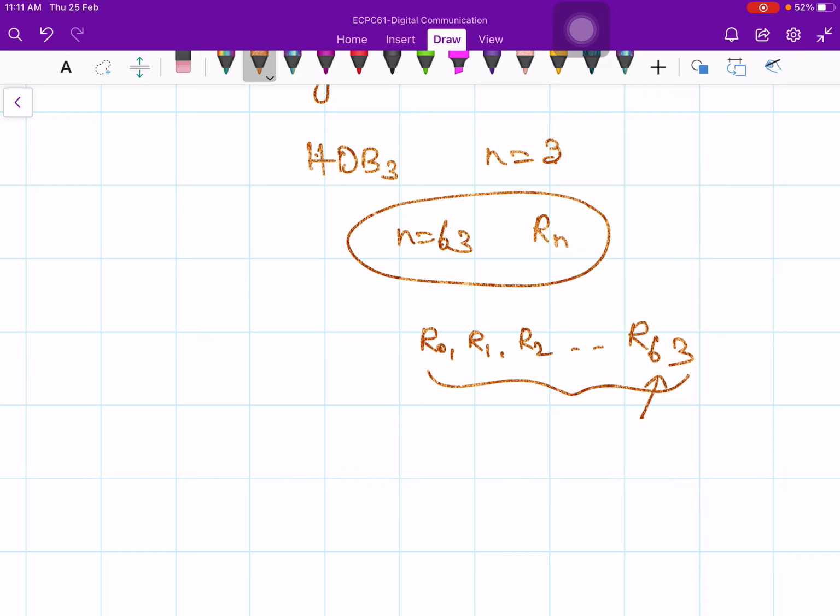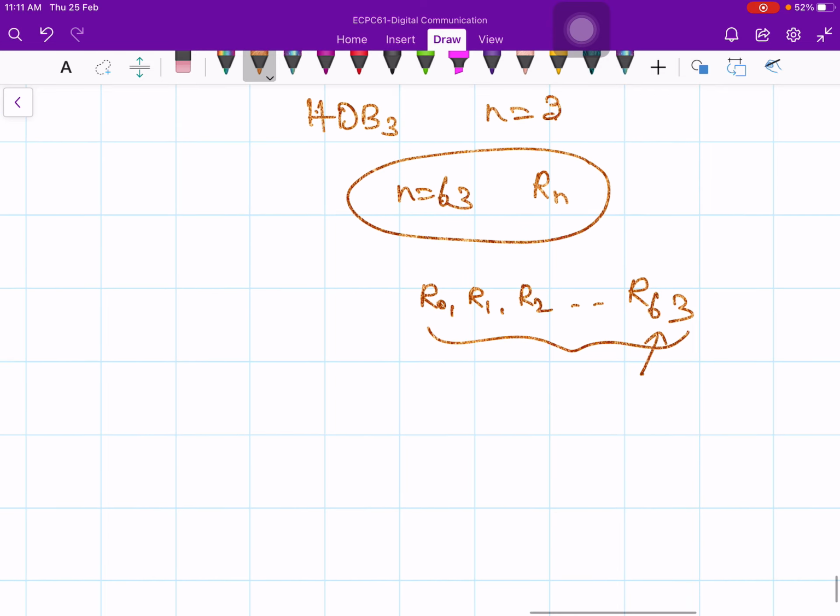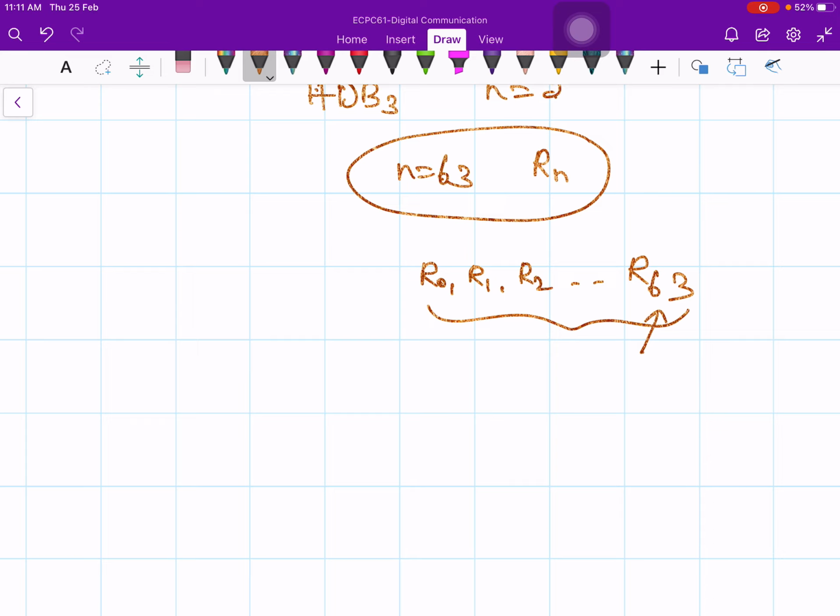I will just give you a feel for the HDB spectrum with respect to the bipolar spectrum. Bipolar, if you remember, has the first... okay, let me stop at this point. That's a point I want to stress here: this code requires 63 autocorrelation coefficients.